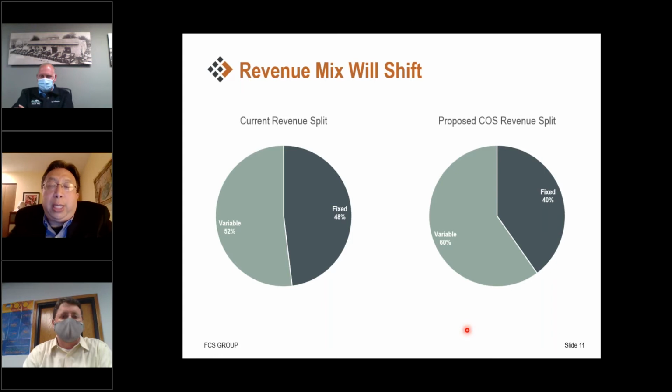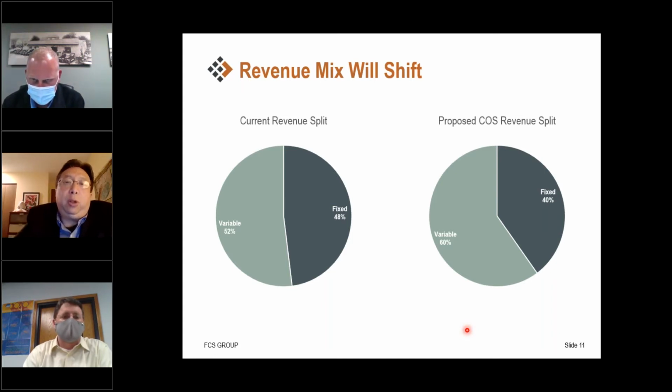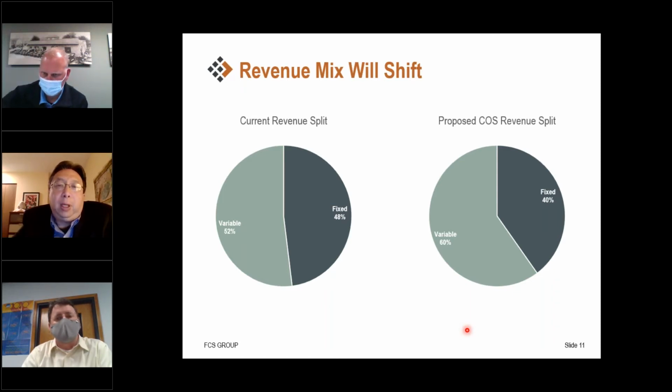One of the things that we always take a look at is the revenue mix, and will there be a change by moving to a different rate structure? The reason why we take a look at this is, by changing your rate structure, does it expose the utility to greater volatility?